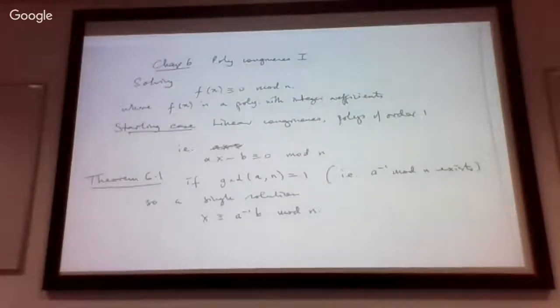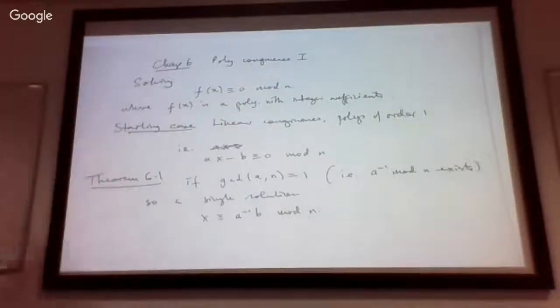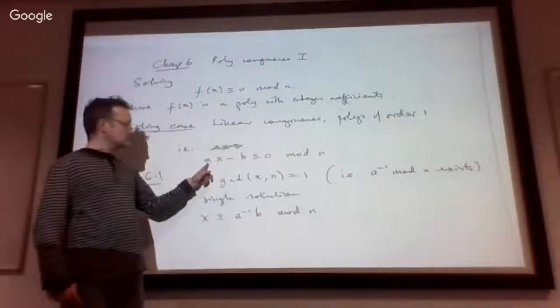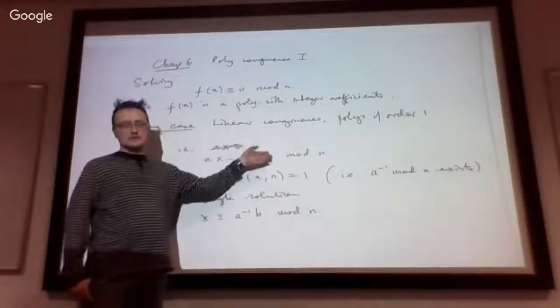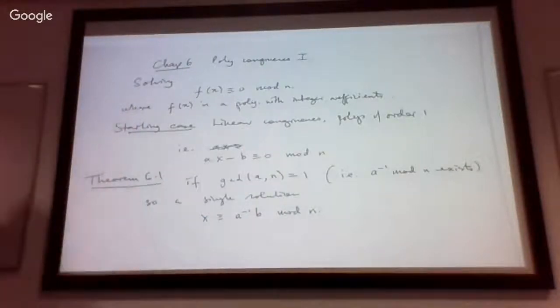If a and n are coprime, a does have a multiplicative inverse modulo n. So you multiply both sides by a inverse, that'll cancel the a on this side and leave you with a inverse times b on the other side. So if the coefficient of x is coprime to the modulus, then there's a single unique solution. That's more or less the proof of it there.